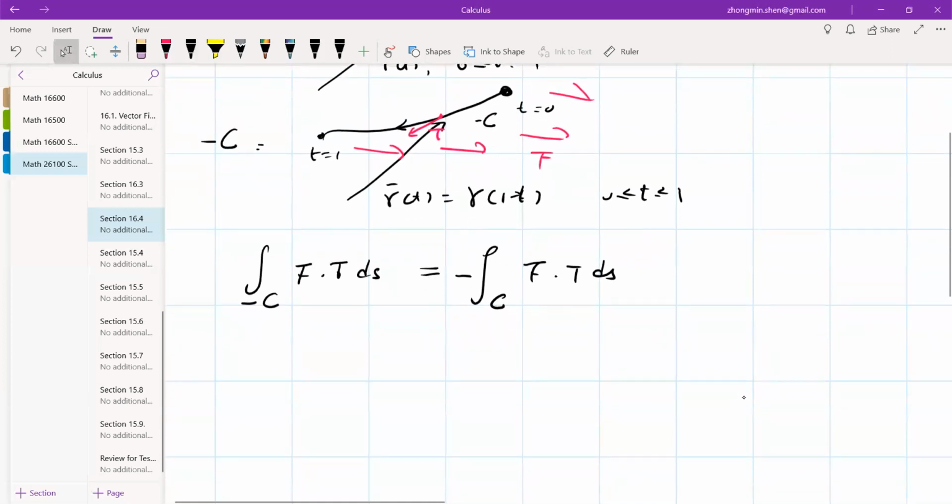All right, let's verify this important property. Use the above parameterization.